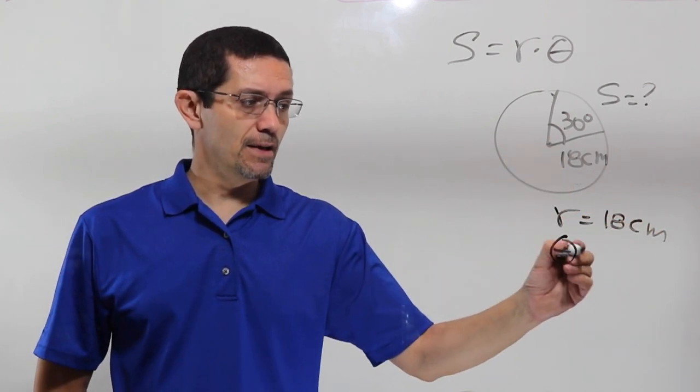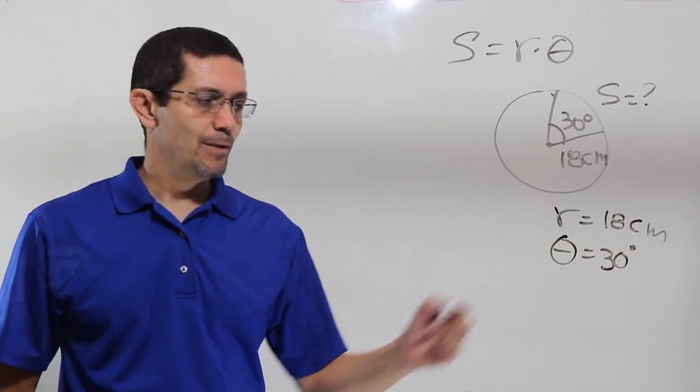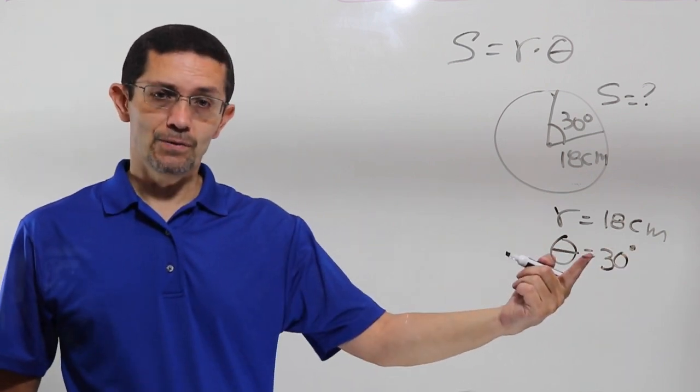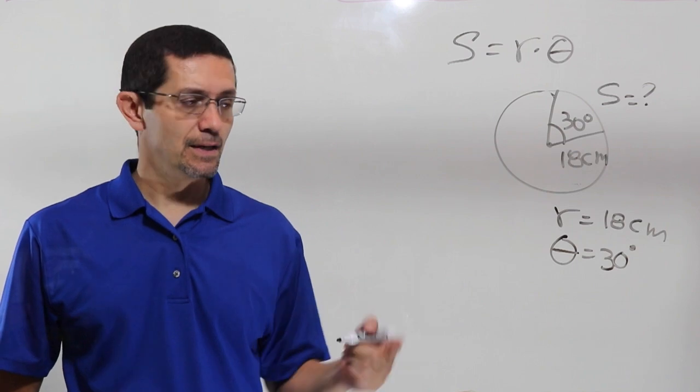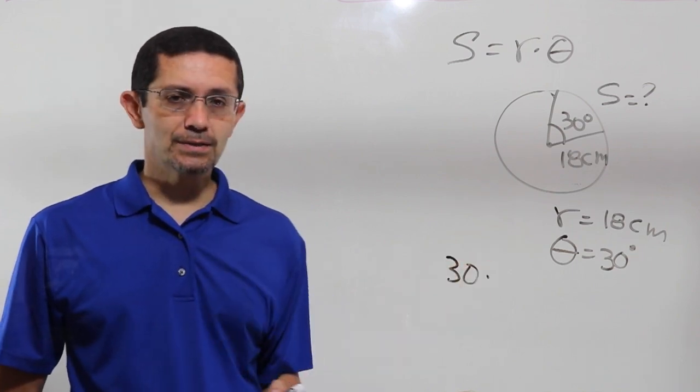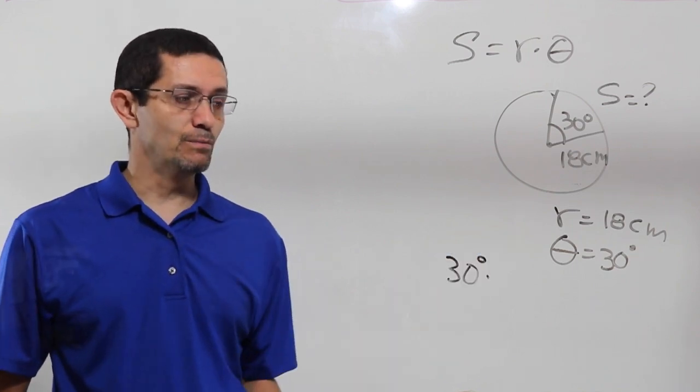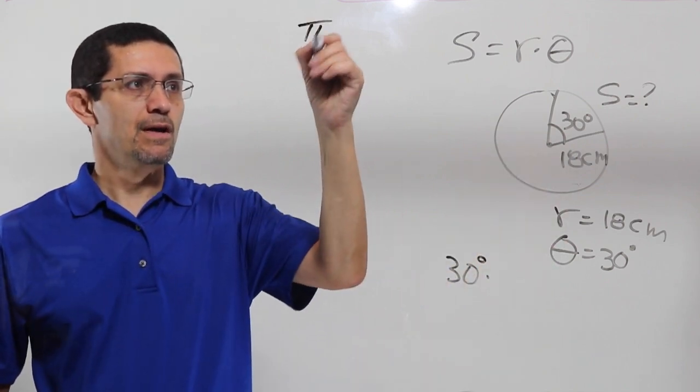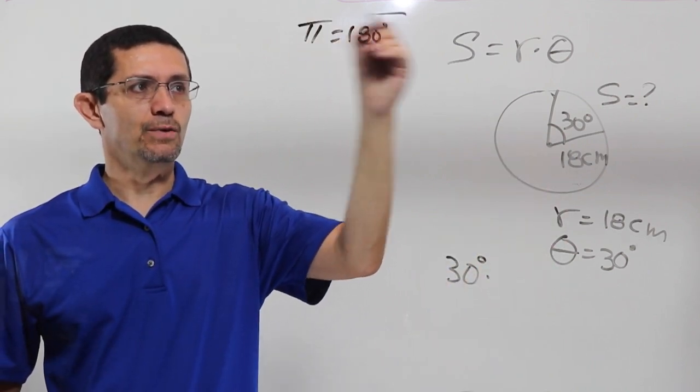My angle theta is 30 degrees. But again, can I have degrees? No, I need that in terms of radians. So I have 30 degrees. I'm going to use my conversion unit. Remember, my conversion unit is pi equals 180 degrees.